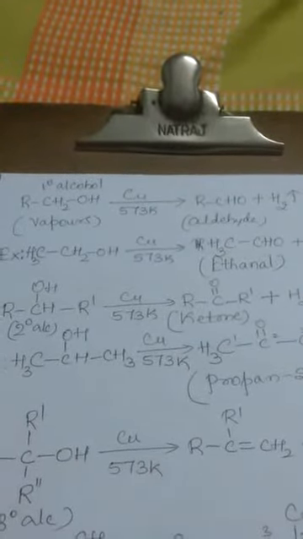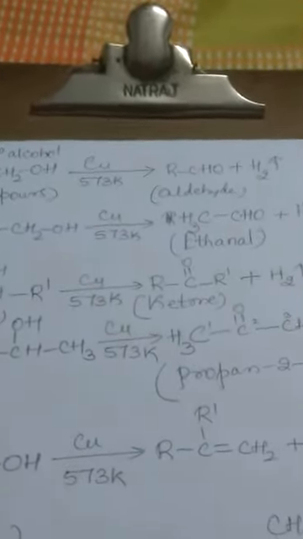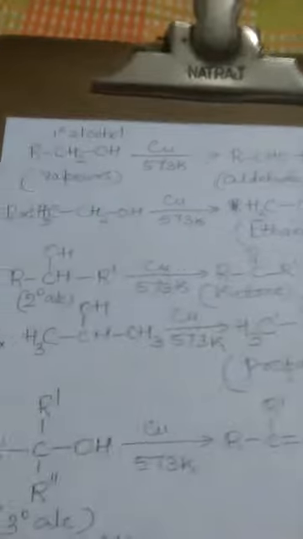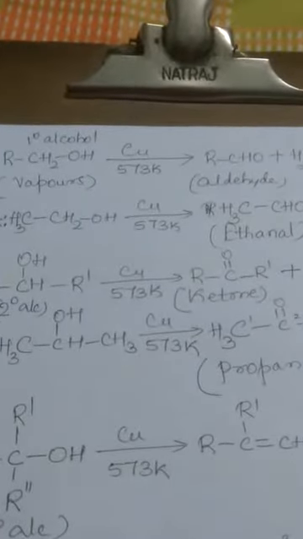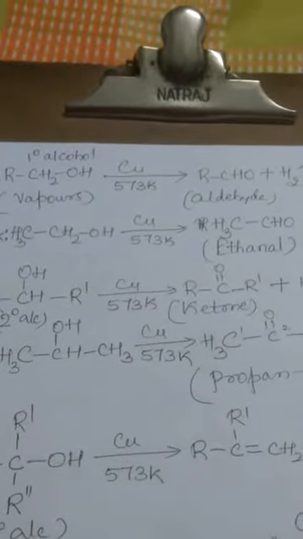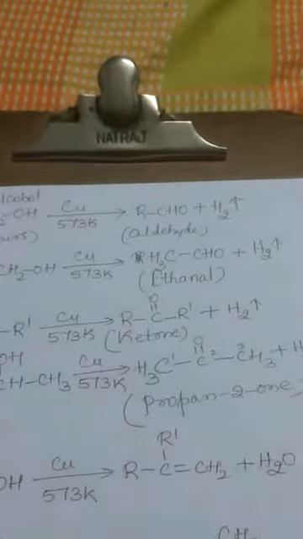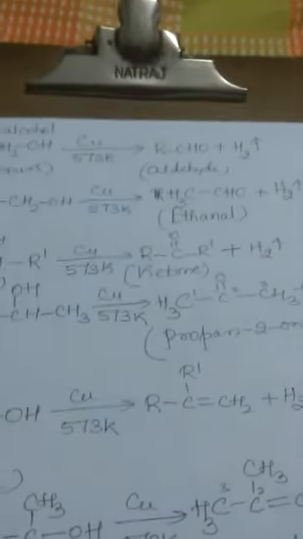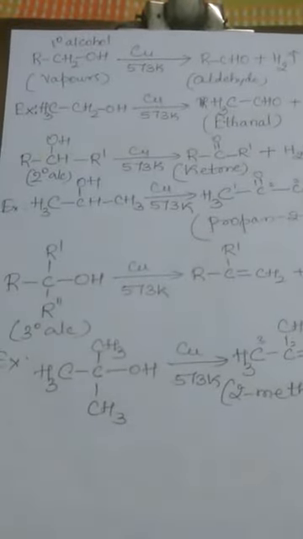This is called dehydrogenation. H2 is eliminated. So if you take one particular example for a primary alcohol, ethanol vapors CH3CH2OH on passing through copper catalyst at 573 Kelvin temperature, the aldehyde formed will be ethanal with the liberation of H2, that is hydrogen.